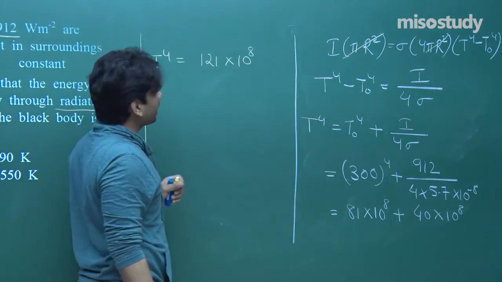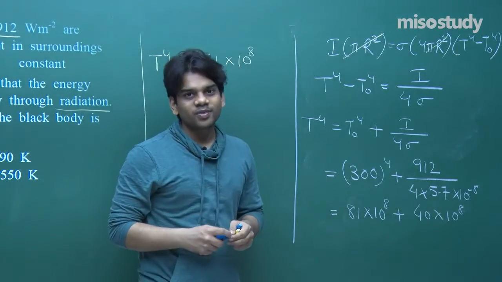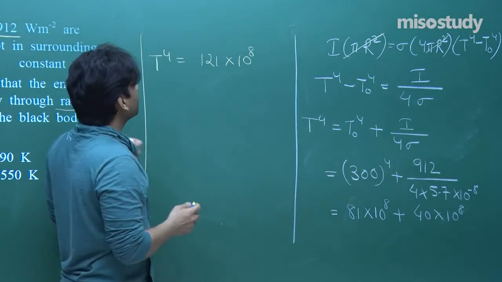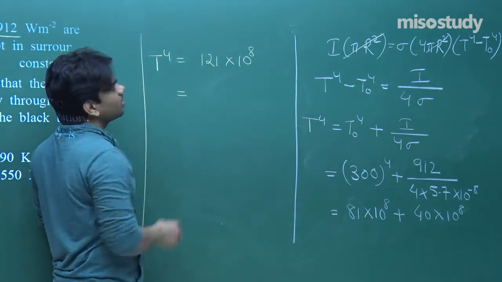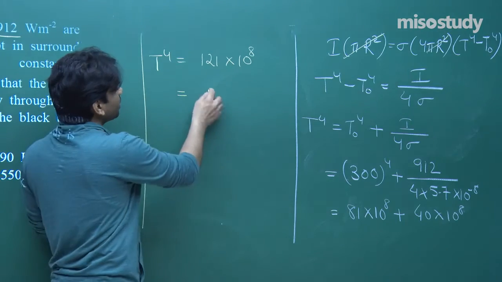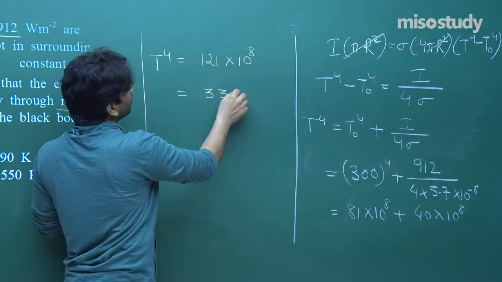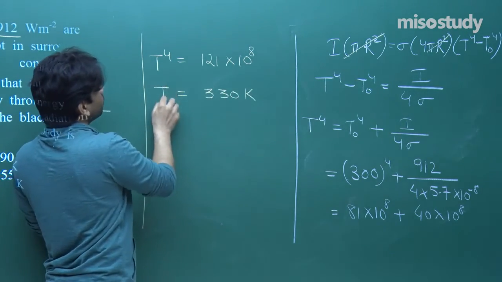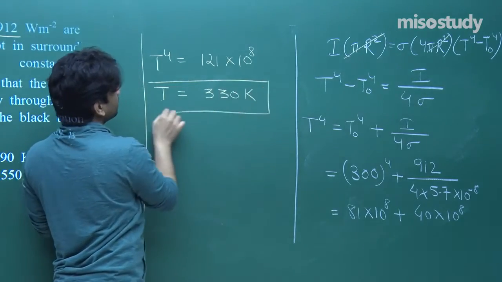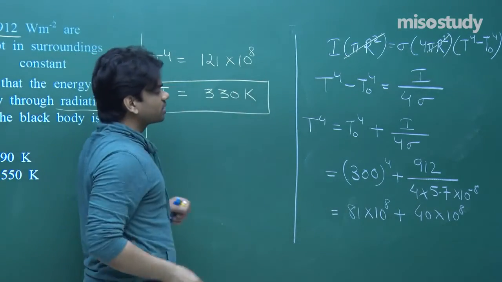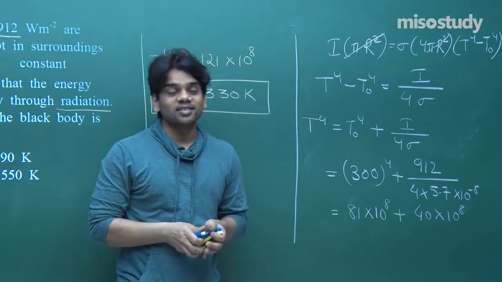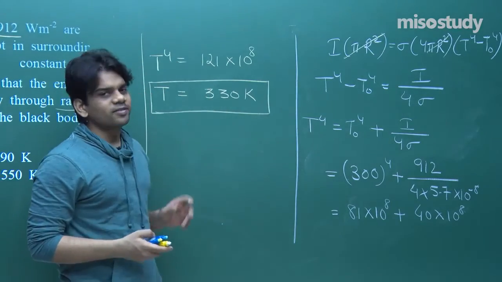If you solve this, you will get a result of nearly 330 Kelvin. You can follow the steps and you will get this as the answer, somewhere around 330 Kelvin.